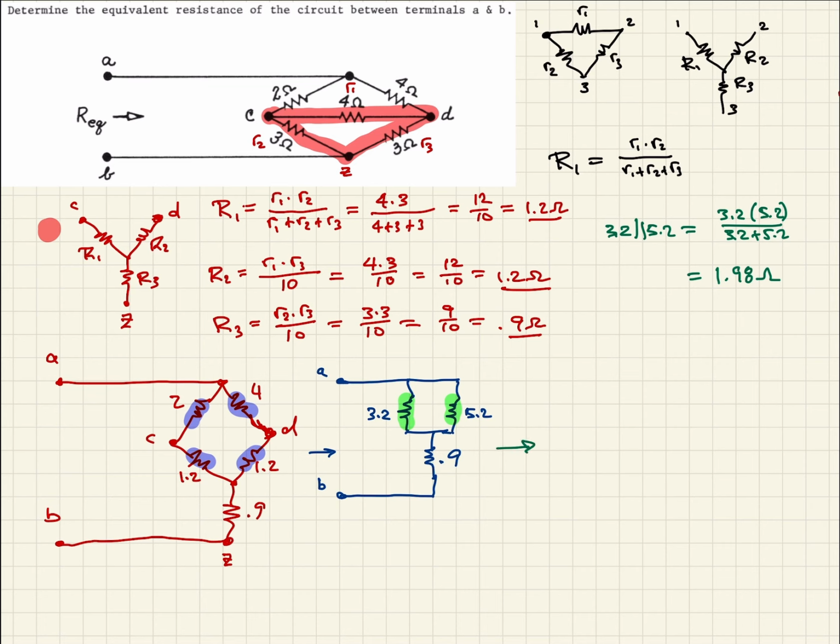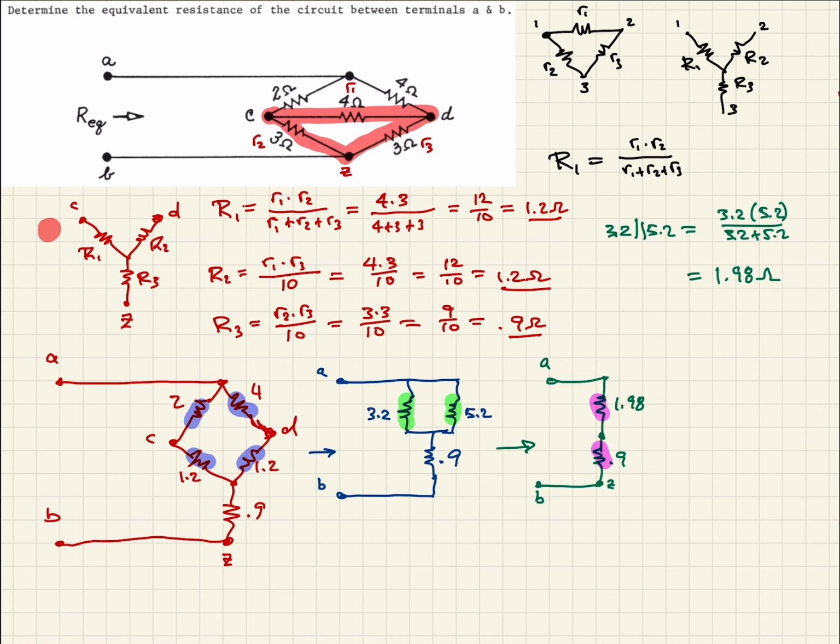So now we come over here and we have this now is a 1.98 ohm resistor. Z is still here. We're not to Z yet. So then we still have our 0.9. This was B, Z. And then this is B and A. So finally, we see that we have these two resistors in series.